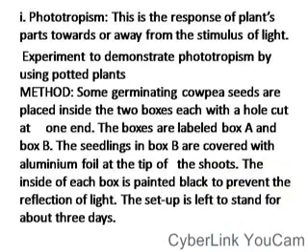That is, the shoots of the seedlings in box B are covered with aluminium foil. Then the inside of each box is painted black to prevent the reflection of light. The setup is left to stand for about 3 days.